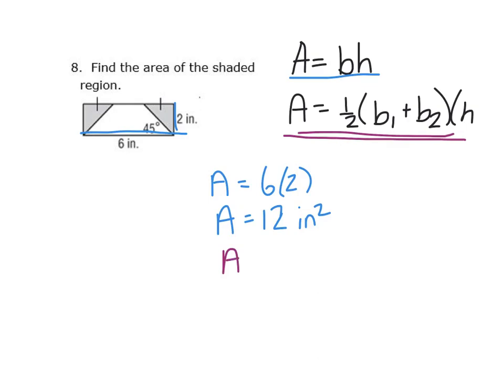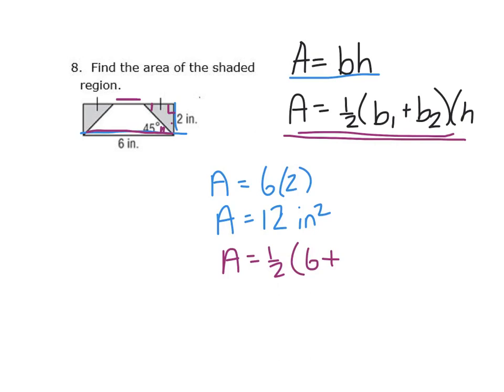So area of the trapezoid is going to be 1/2 B1 plus B2. Well, the 6 could be B1 plus B2 is just this part. This angle's 45 degrees, which means this one would be 45 degrees, which means this one's 45 degrees, making that our 90 degrees, 45, 45.